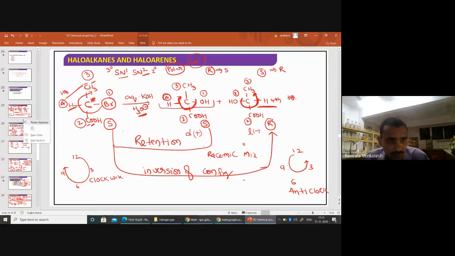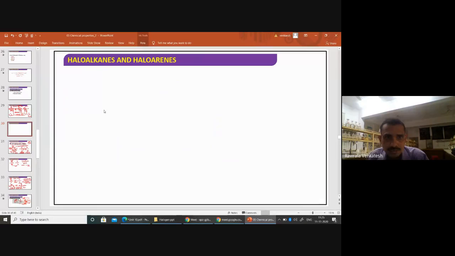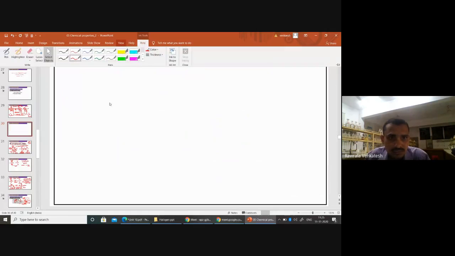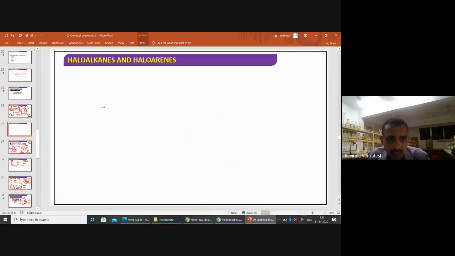I will take one more example here. If you write like this: carbon, OH, deuterium, COOH. Now I am writing hydrogen here. First priority, second priority, third priority. Now this one will be the fourth priority. Now 1 to 2 to 3 is clockwise.